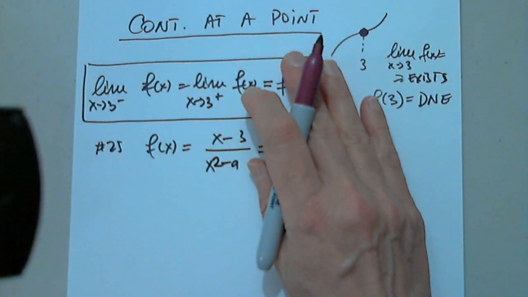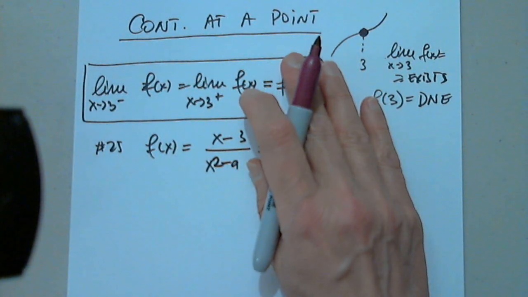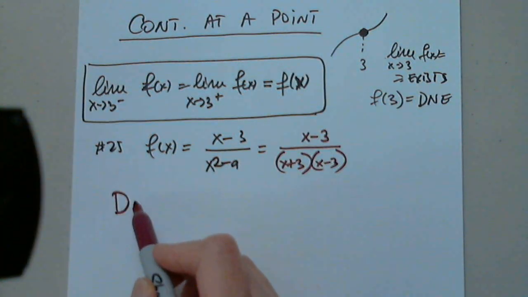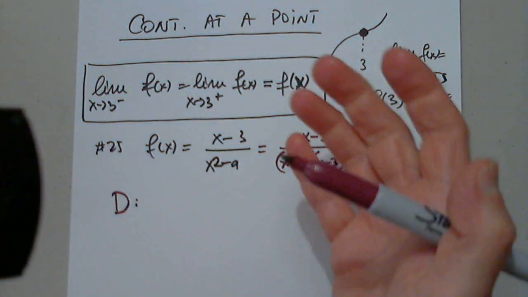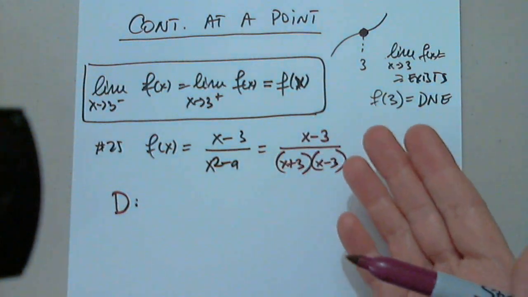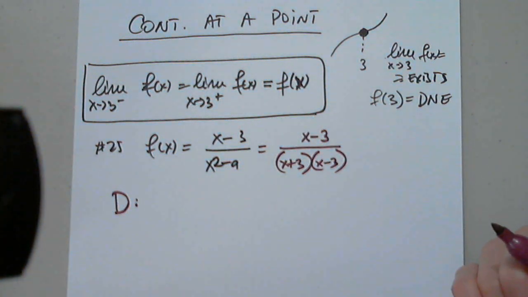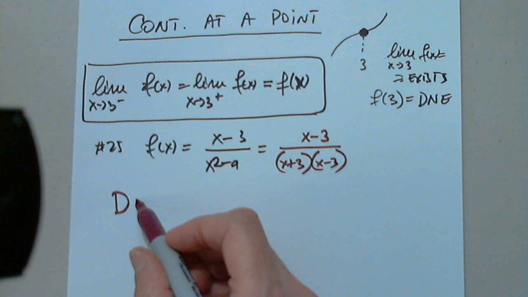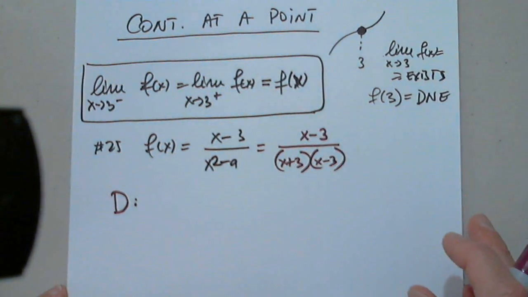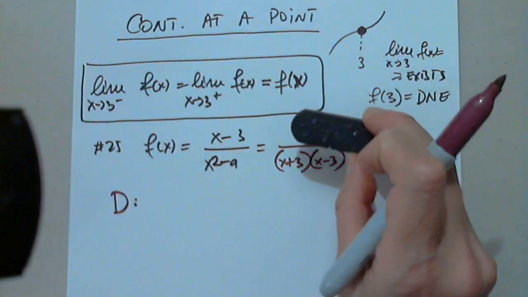Notice that you're not allowed to simplify. Please remember, the domain of this function or any function has to be stated on the original, not on the simplified form. So can anyone give us a domain before we try to simplify? We're not allowed to simplify before we state the domain.